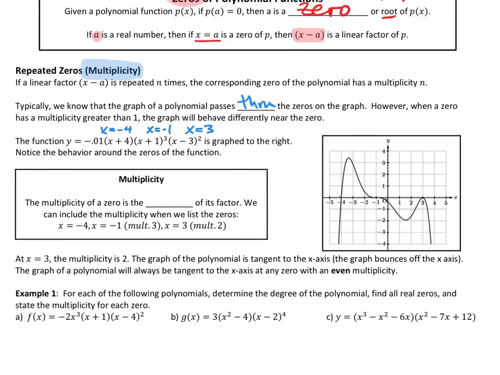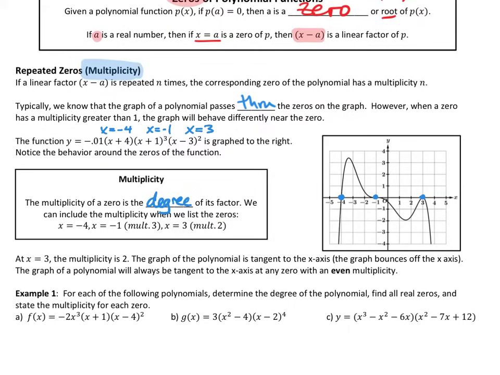And in fact, that's exactly where I see the zeros on this graph. Go ahead and highlight those for yourself. We have 3 places where this graph crosses or touches the x-axis, so it has 3 zeros. They just have different multiplicity. The multiplicity of the zero is the degree of its factor. We can include the multiplicity when we list the zeros.